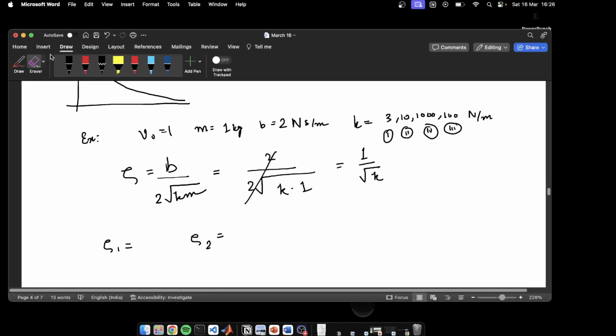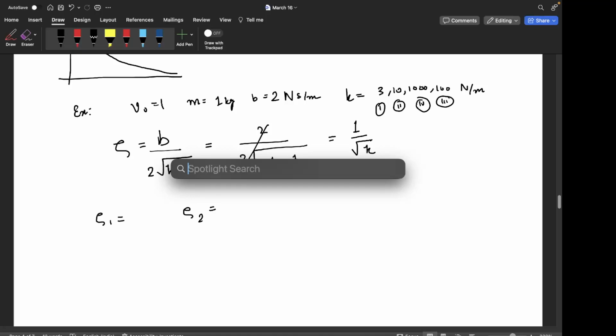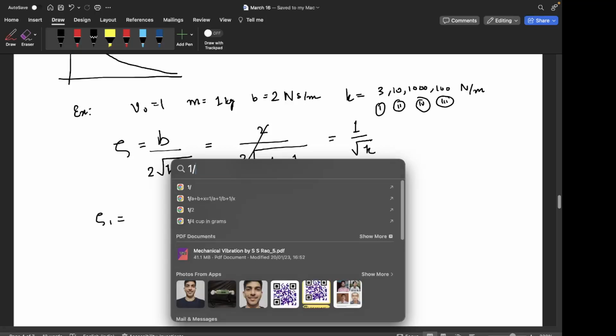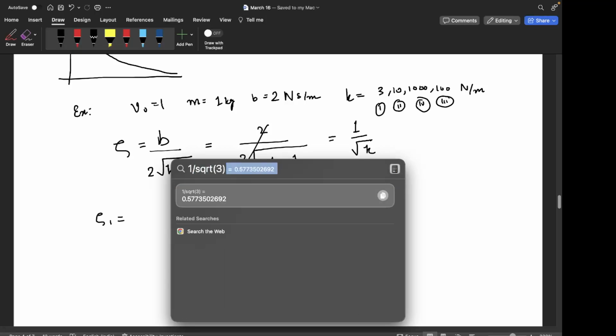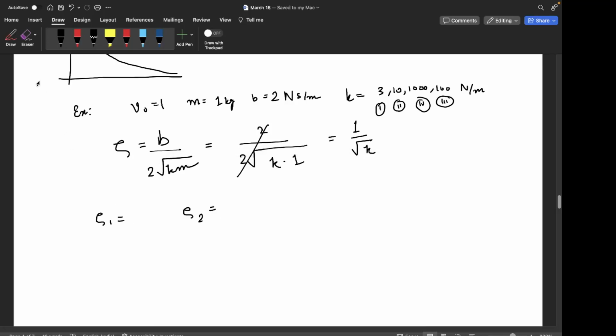Can you please calculate on your end also and let me know these values? 1 by root 3, it's 0.577. We'll calculate a couple of them and verify. So 0.577. This is which case? Between 0 to 1. So underdamped case. xi2 is 1 by root 10.